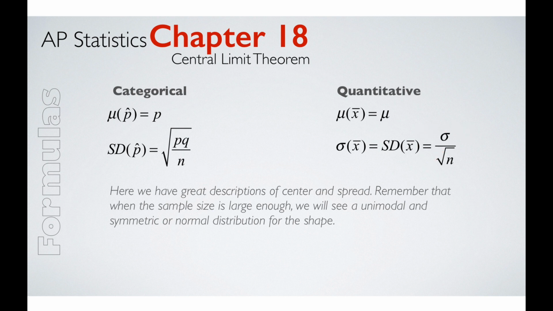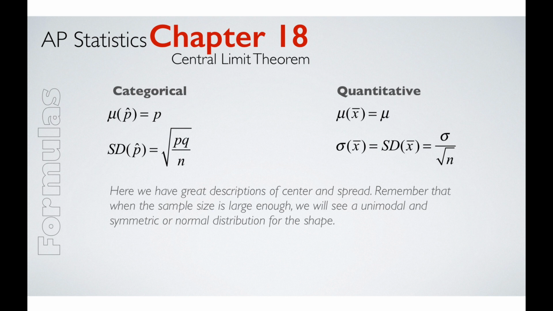Not a big deal to memorize these, but they are part of your formula sheet. You will use them back and forth, so make sure you know how to calculate them. The big deal is to note what's needed for each one and know how to distinguish between categorical and quantitative data. If you understand that, getting those two things is going to be pretty straightforward.